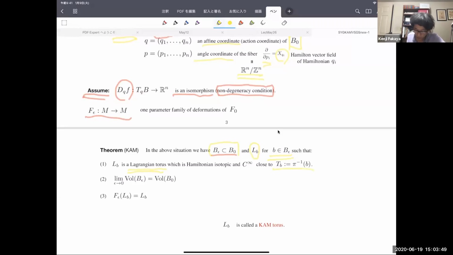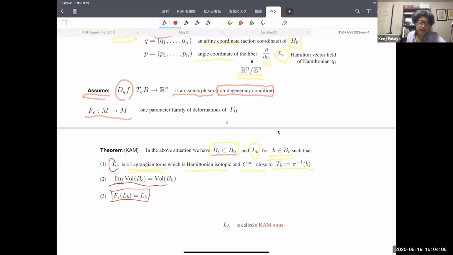This Lagrangian torus is Hamiltonian isotopic and very close to the fiber at b. The important condition is that it is invariant under F_ε, and the set B_ε has almost full volume.